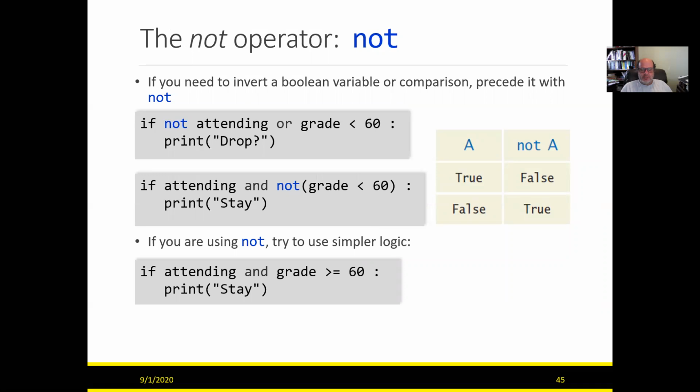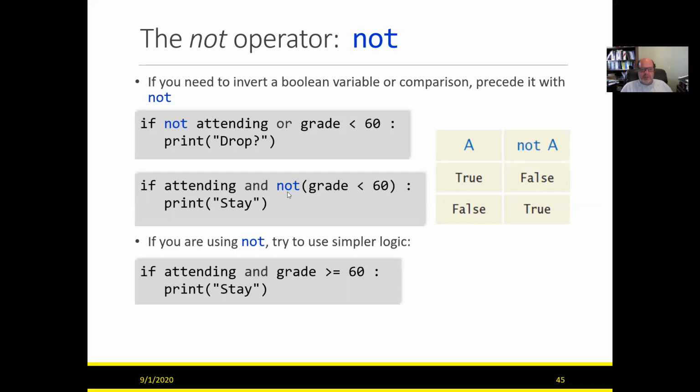We have not, that's going to make it the opposite. It's a little weird to add not to and or. There is a formula that if you have a not in front of the and, it's going to change it to or.